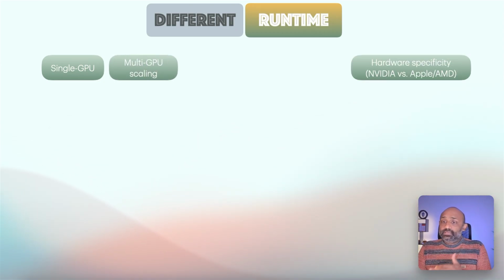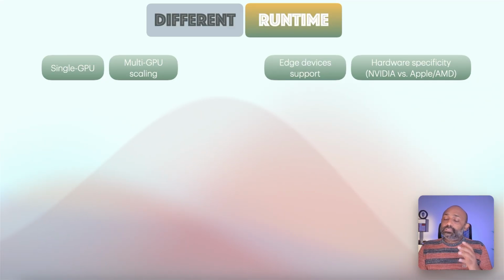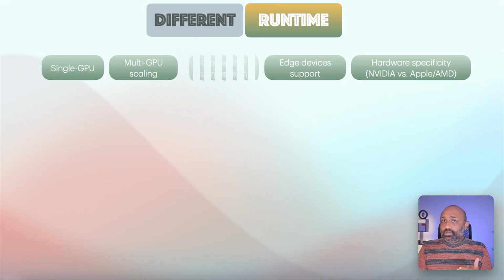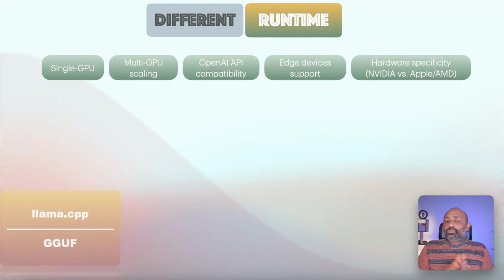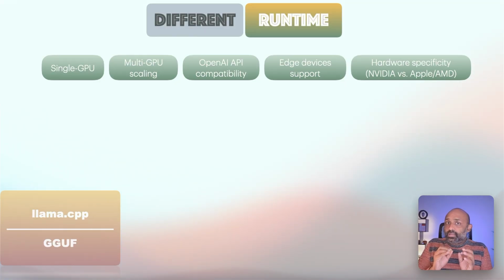Then there are hardware-specific requirements like NVIDIA or AMD chip optimized runtimes, and then edge device support, and then OpenAI API compatibility. There are a lot of reasons why these runtimes keep evolving. So there are many runtimes available, but we are going to look at a broader level, three main categories of runtimes, which is very important for everyone to understand.